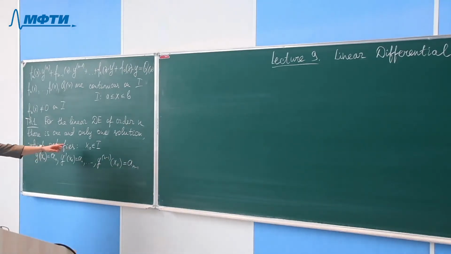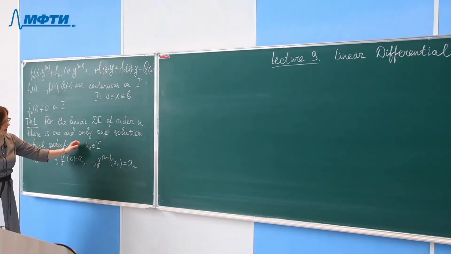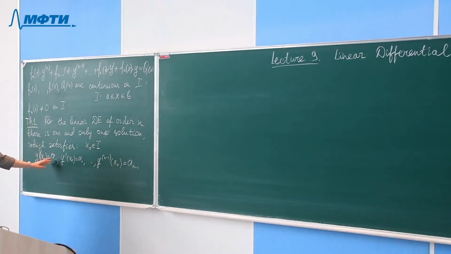Given a point x0, we take some point x0 in the interval, we fix this point, and we fix arbitrary constants a0, a1, and so on, a n minus 1.